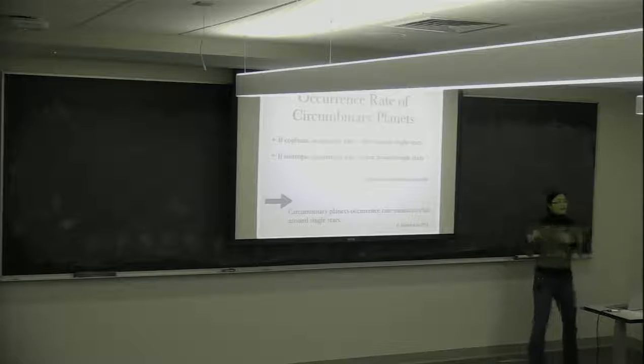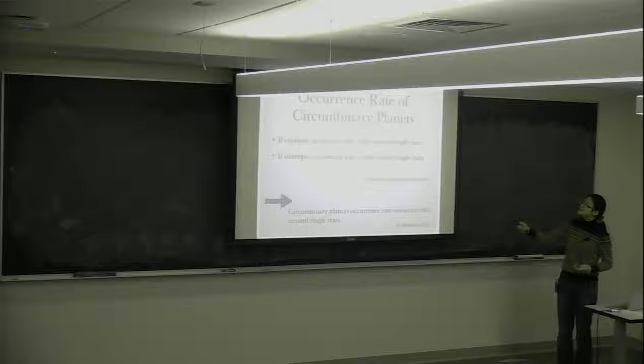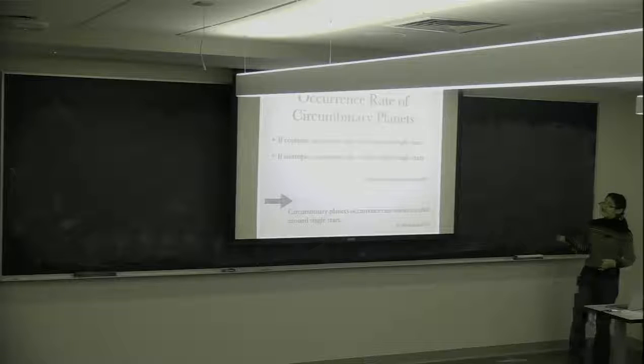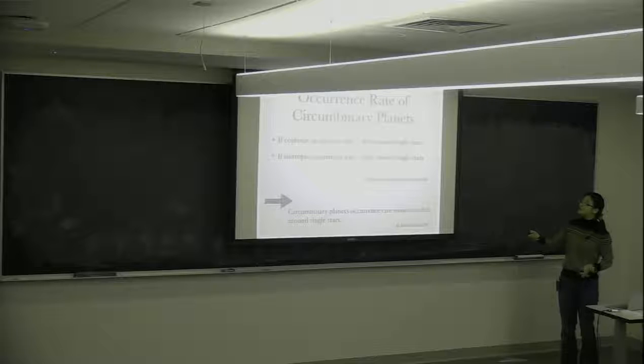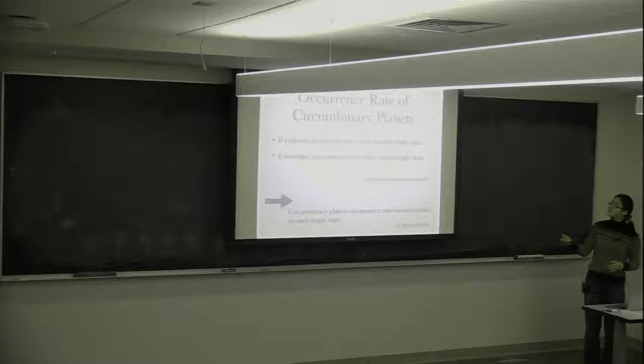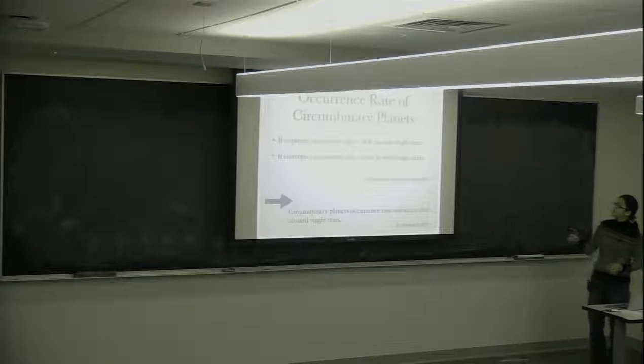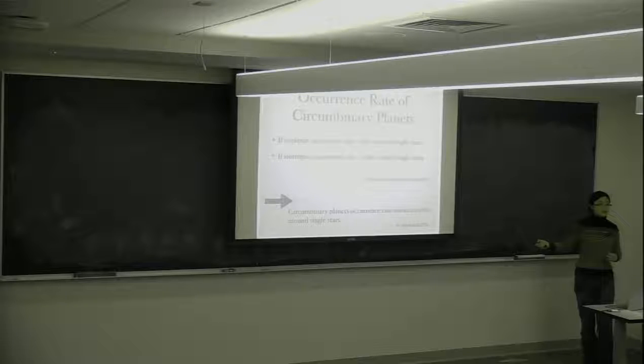Okay, we can also get a very interesting result on the occurrence rate of circumbinary planets. Before, in the literature, it was not known whether the planetary orbits are coplanar or not. And it's been found that if they were coplanar, the occurrence rate of the circumbinary planets would be similar to that around single stars. And if the planetary orbits are largely misaligned, the occurrence rate of the circumbinary planets would be much larger than that around a single star.